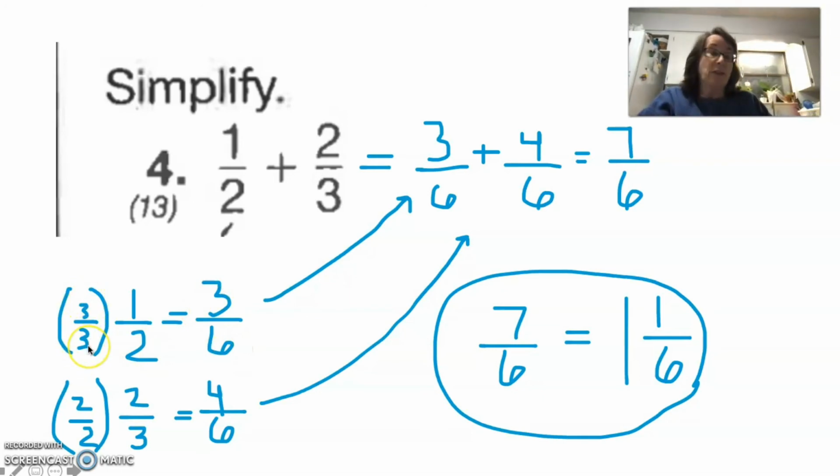So 3 over 3, we're going to multiply by 1/2 to get 3 over 6, which I showed you goes right here. 2/3, we're going to multiply by 2 over 2 to get 4 over 6. So 3 over 6 plus 4 over 6 is 7 over 6, which is 1 1/6.